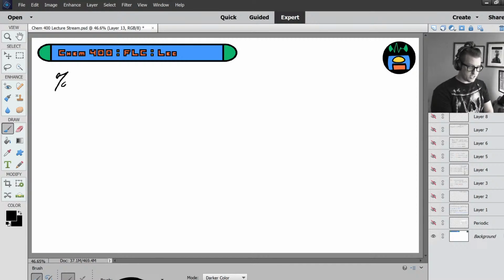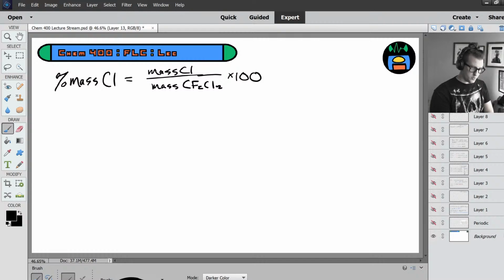So we're going to start with our percent mass of chlorine is equal to the mass of chlorine over the mass of CF2Cl2 times 100.